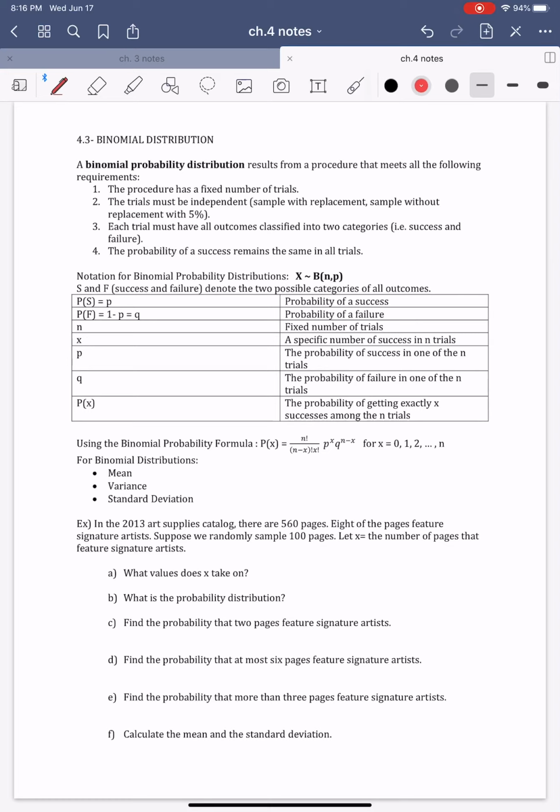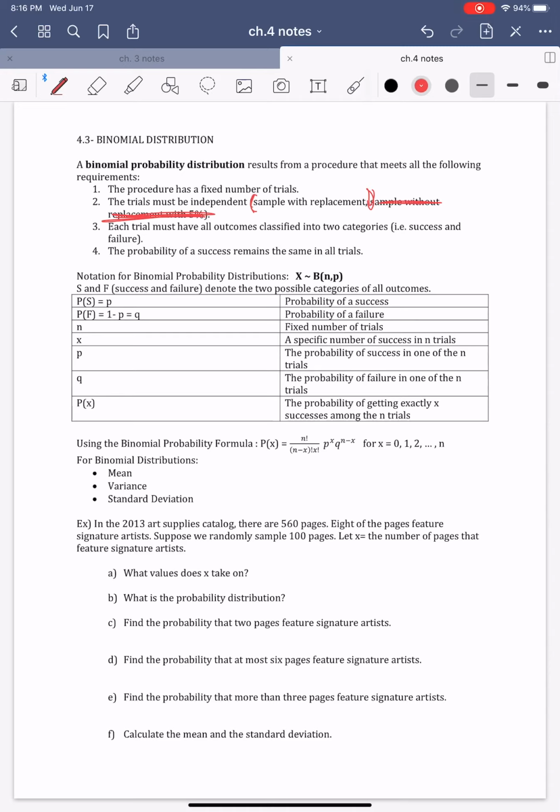Okay, number one, the procedure has a fixed number of trials. So there's a set number for that event. Number two, the trials must be independent. Sampling with replacement, without replacement, with 5%. Don't worry about this. You can actually eliminate that. Remember, another word for independent is sampling with replacement.